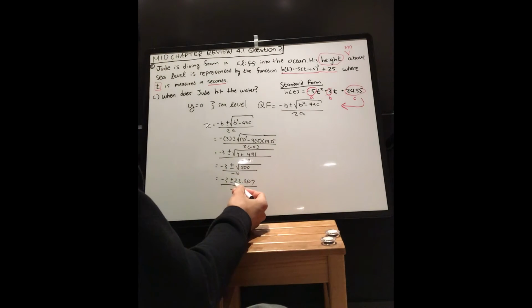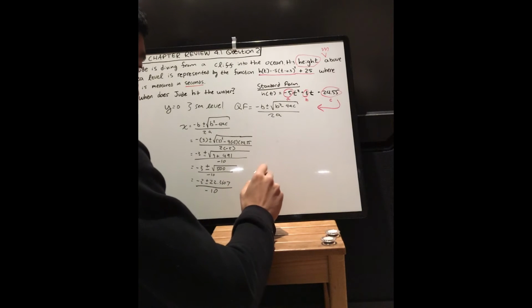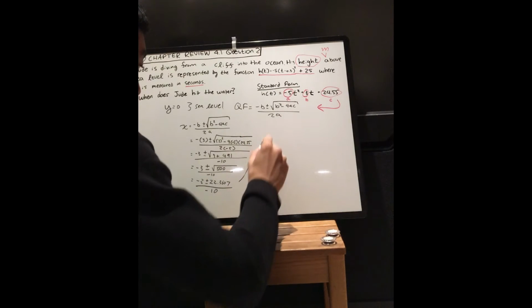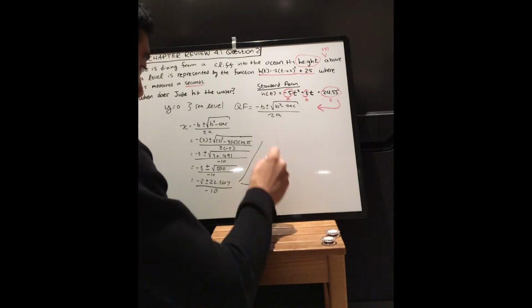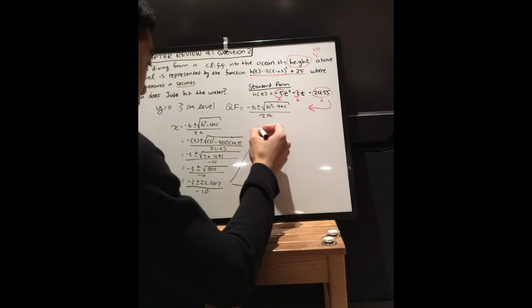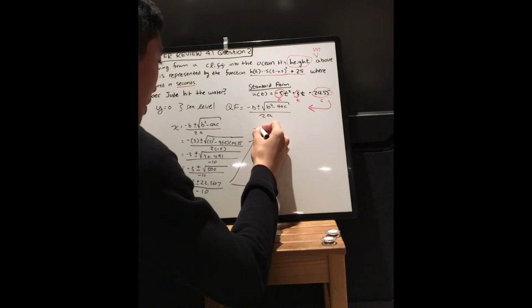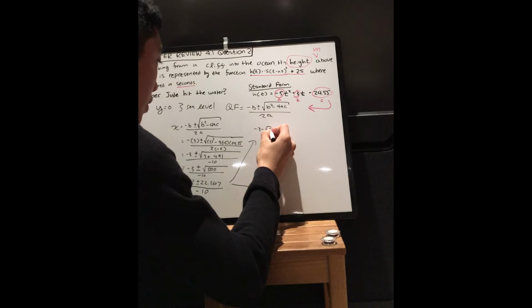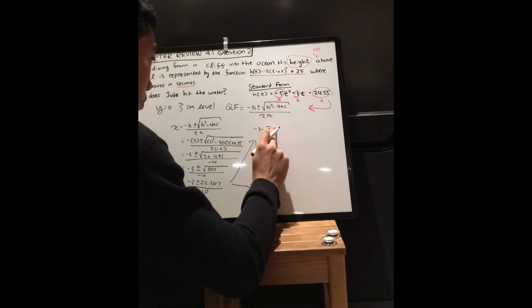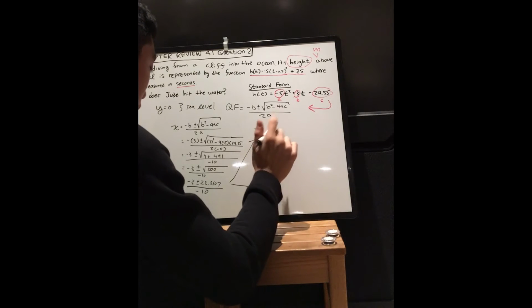Since there is a plus or minus, we want to do two things from here. You could take minus 3 minus square root 500. Oh, sorry, which we already did.